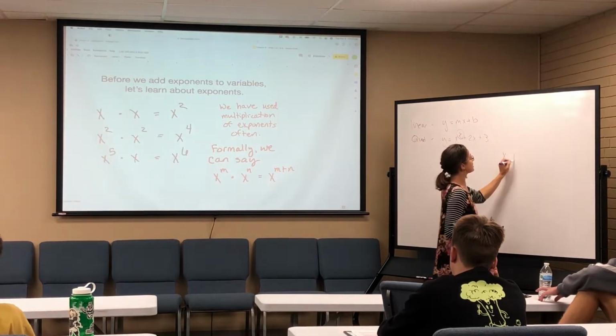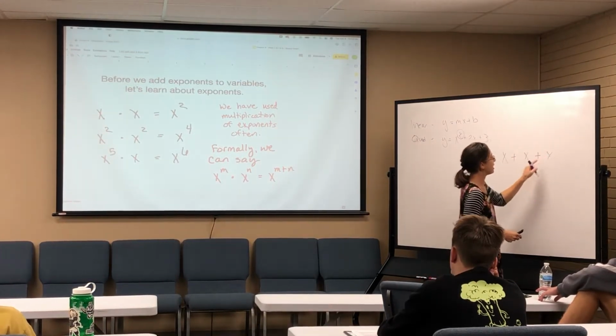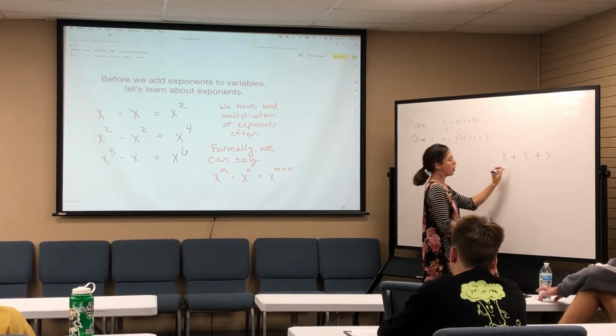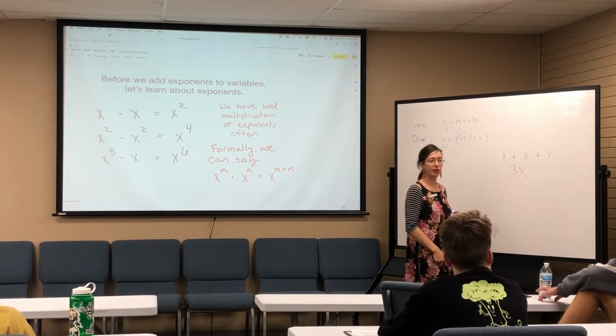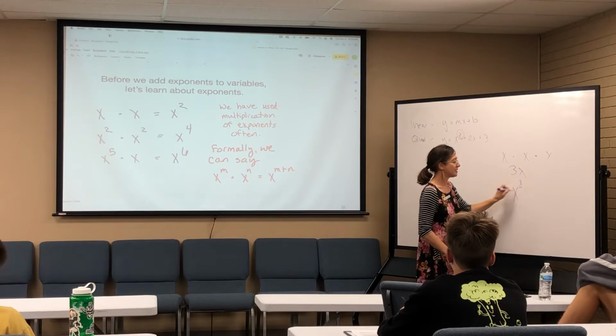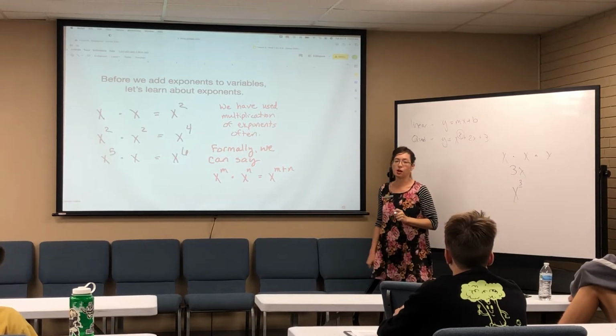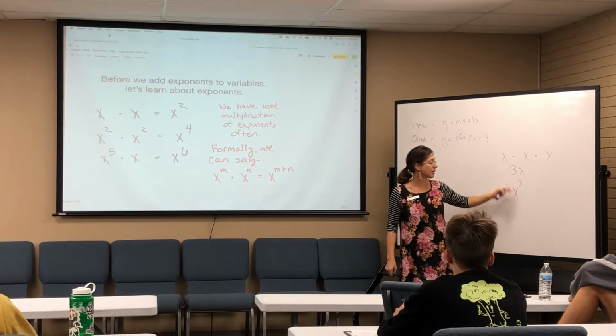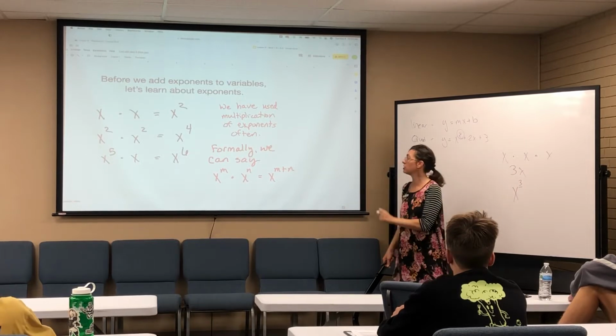So if I'm doing x plus x plus x and I'm adding them, then it gets a coefficient on the front, right? If I do x times x and I'm multiplying them, it gets an exponent up top, okay? This tells us it's multiplication, the coefficient tells us it's addition.